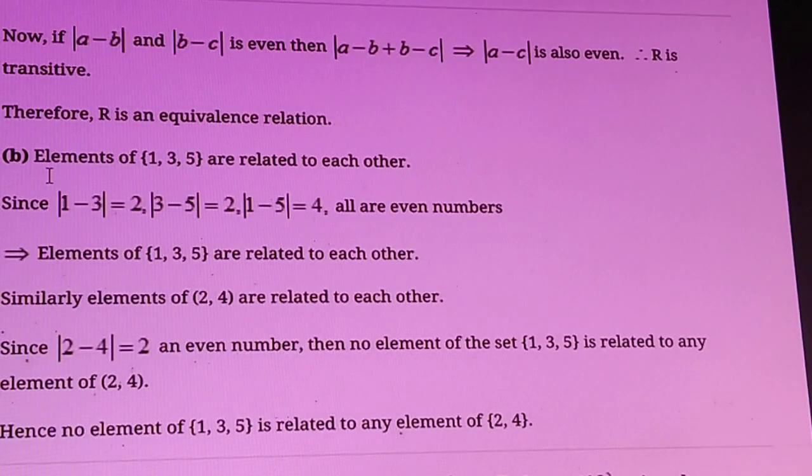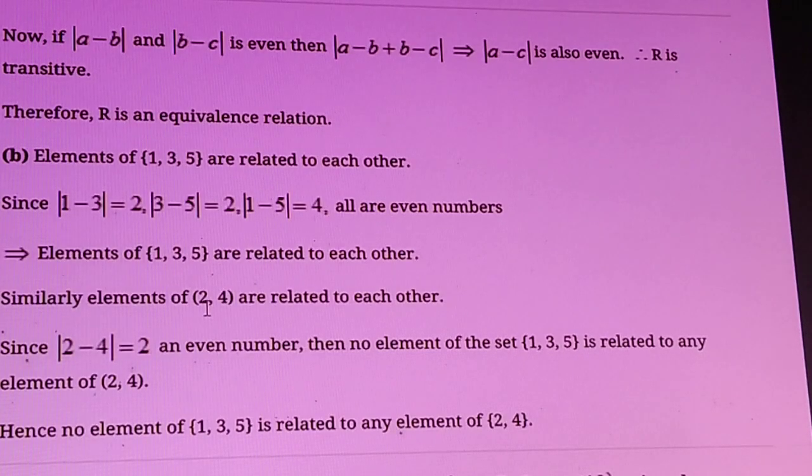Now for the second condition, elements 1, 3, 5 are related to each other, since |1 − 3| = 2, |3 − 5| = 2 and |1 − 5| = 4, all are even numbers. So elements of {1, 3, 5} are related to each other.